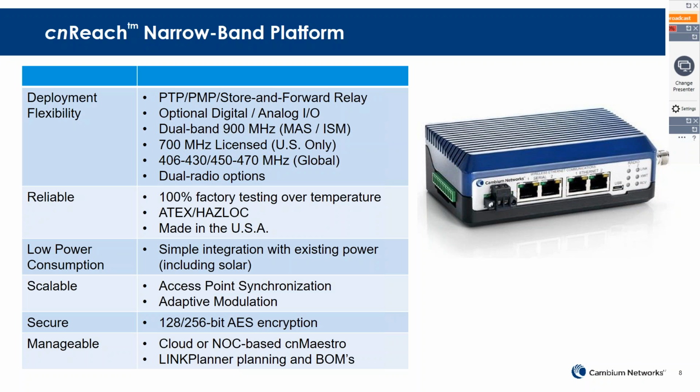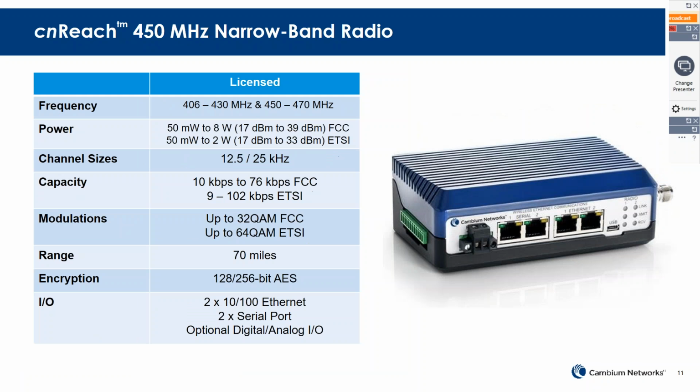And this radio is manageable using our cloud-based or NUC-based cnMaestro platform. And if you want to design your network, you can use Link Planner to plan the link budget, and so on. So now to each product.